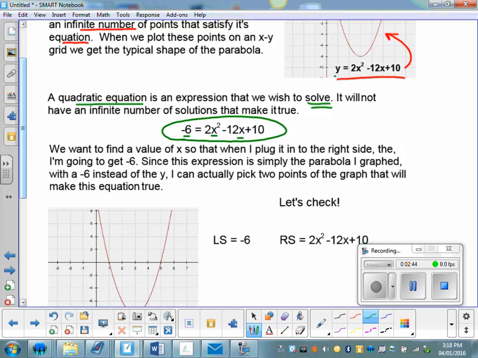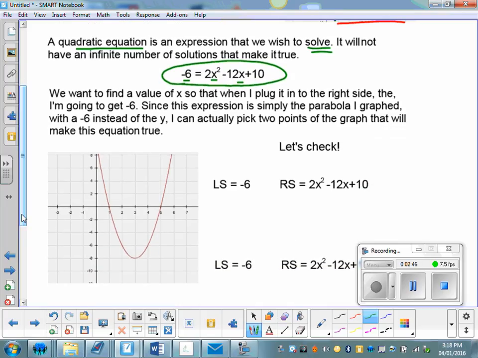If I go to my parabola, you can see that I've got -6 in place of y. So there's my y-axis, there's -6. If I go from -6 across the parabola and up, there's one value of x that would give me -6.